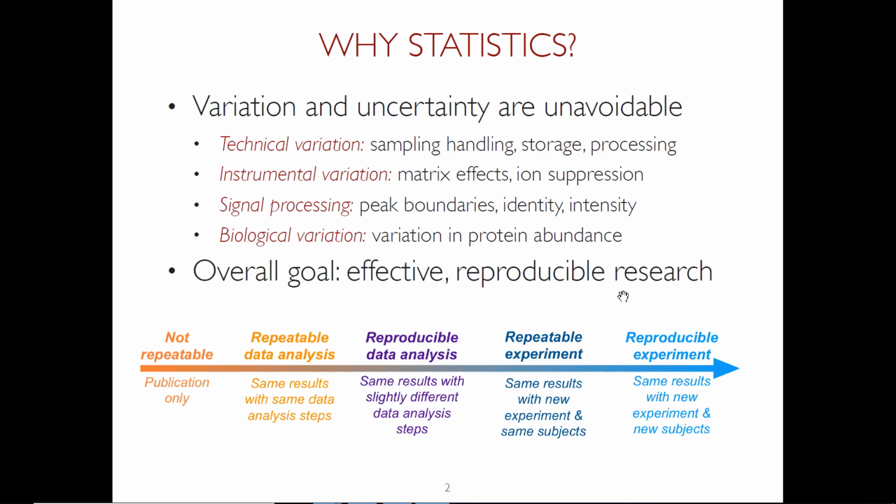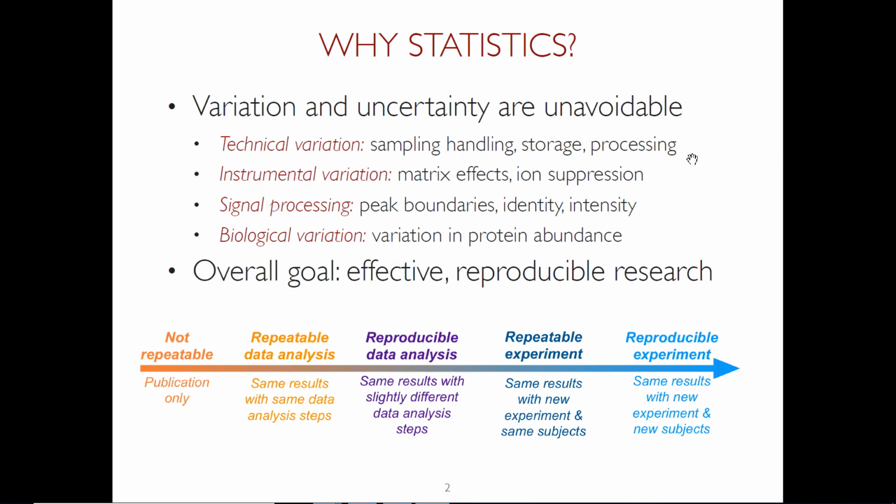But before we even start talking about technical details, let's first talk about why we need to spend so many days talking about statistics in this area. And the reason for this is that in quantitative mass spectrometry-based proteomics, variation and uncertainty are unavoidable parts of our experiments.